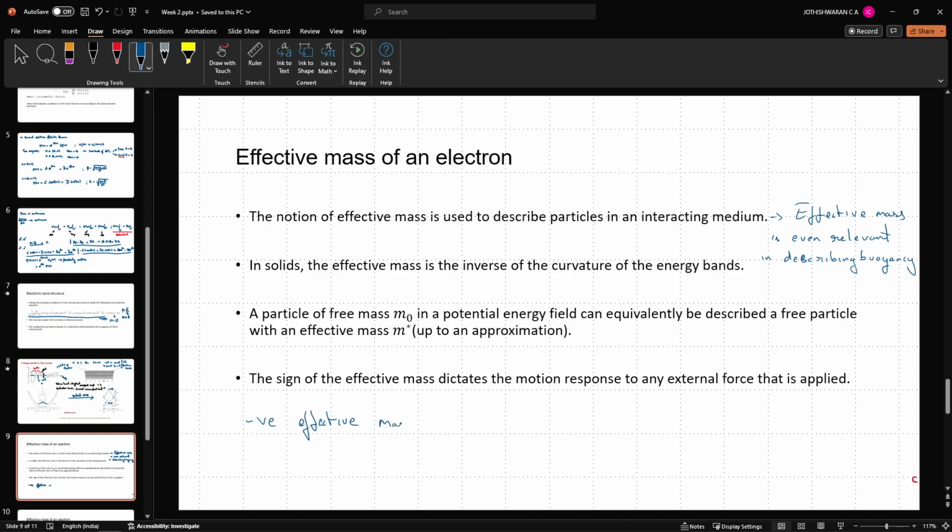So negative effective mass is similar to bubbles in water. I'll elaborate on this in a moment. Okay, so that is what it means. The sign of the effective mass dictates the motion response to any external force that is applied.